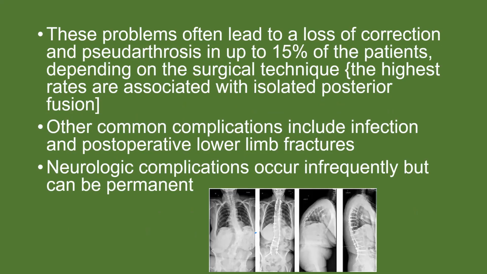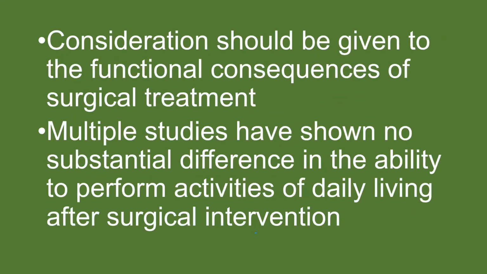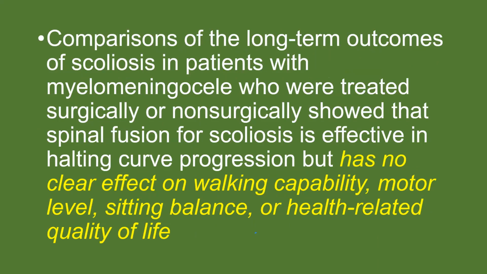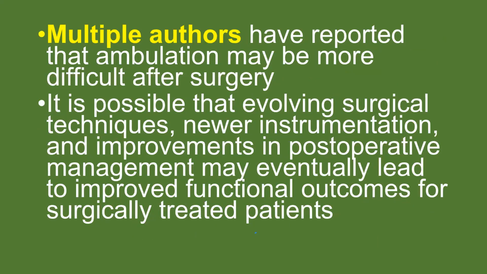Another problem is when you have a kyphotic problem in association with the scoliosis. Many times you have no function below the level of the myelomeningocele, where you can do a kyphectomy and get the patient better in a seated position with fusion. And it will help them in standing up.